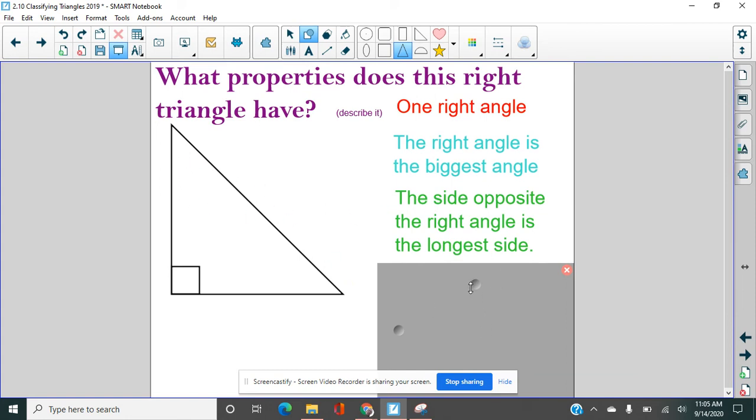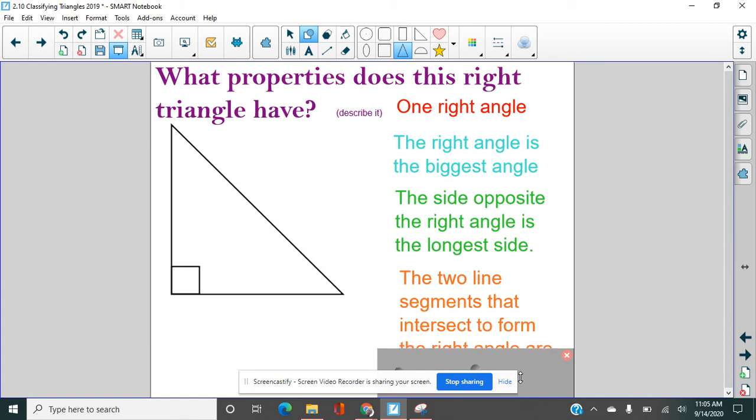If you want to get pretty technical, you could get into that. The two line segments that intersect to form the right angle are perpendicular. You don't have to have five things here, but you have to be able to describe the properties. What's true about the triangle?